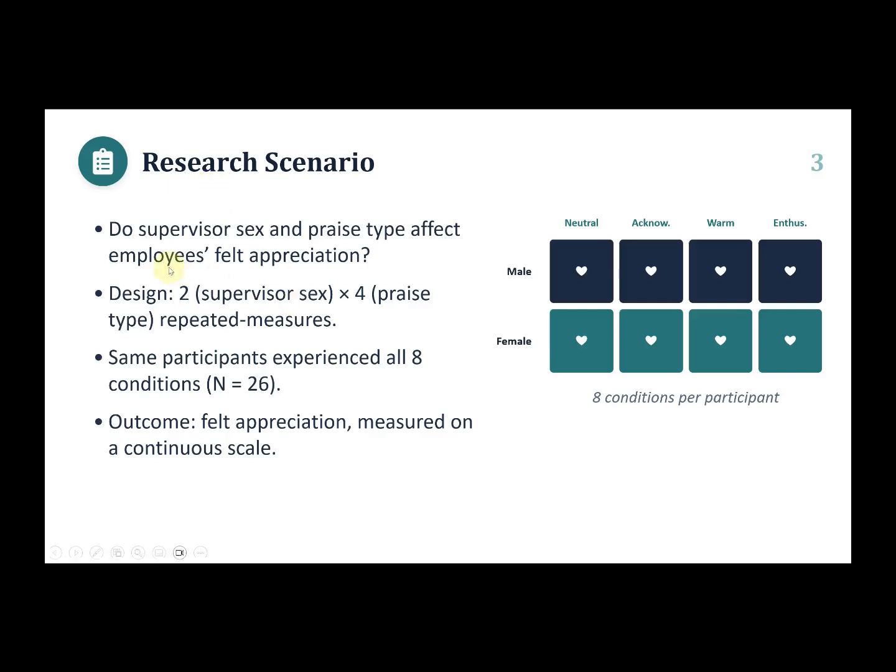The question was whether supervisor sex and praise type affect employees' felt appreciation. So it's a 2x4 design where the supervisor sex was either male or female, and then the praise type ranged from neutral, acknowledgement, warm praise, and enthusiastic. So because of that, we had 8 conditions per participant.